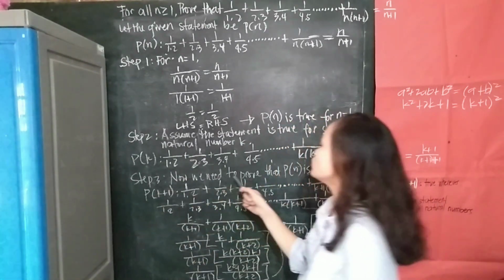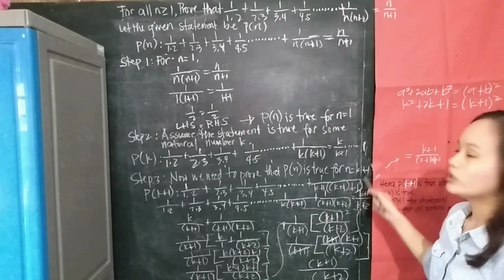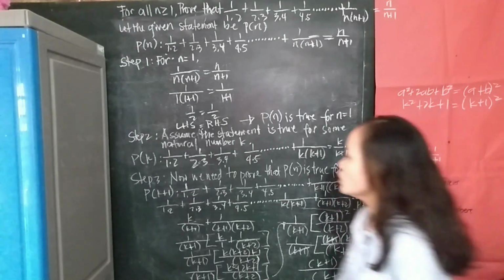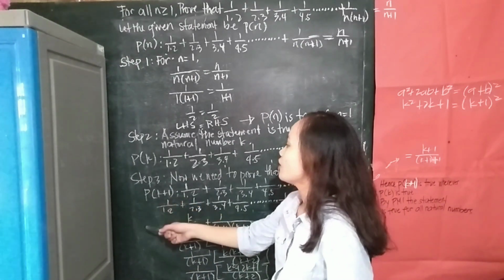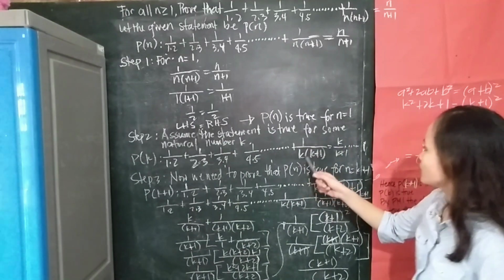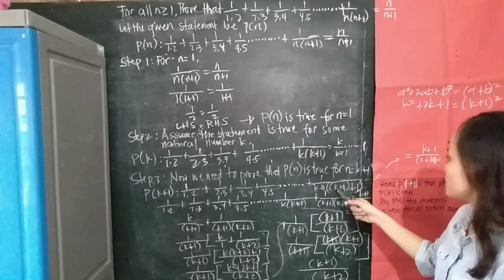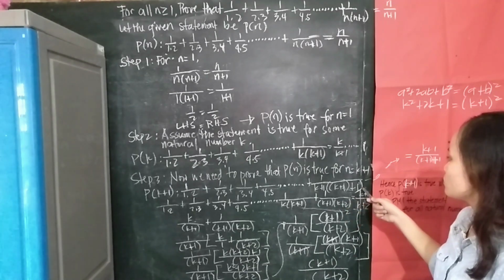Step 3, now we need to prove that P of n is true for n is equal to k plus 1. We are just replacing the k with k plus 1. So we have k plus 1 over k plus 1 plus 1.